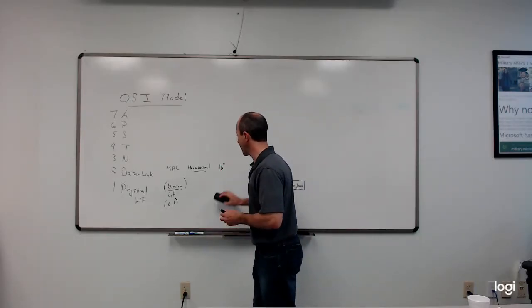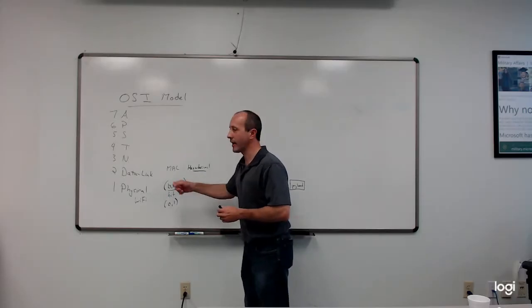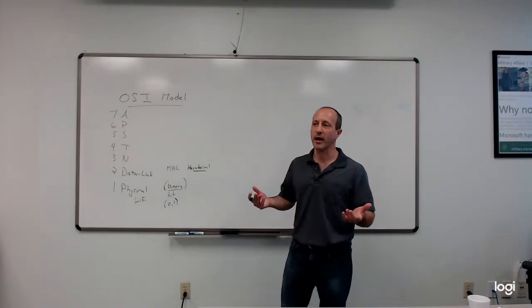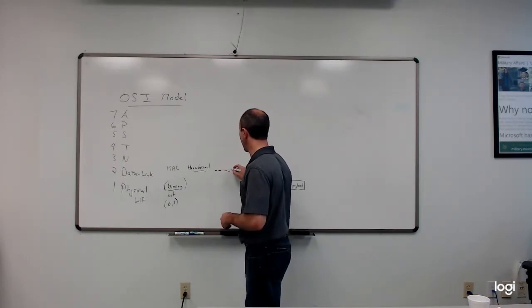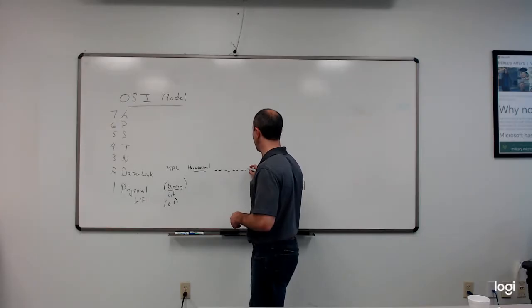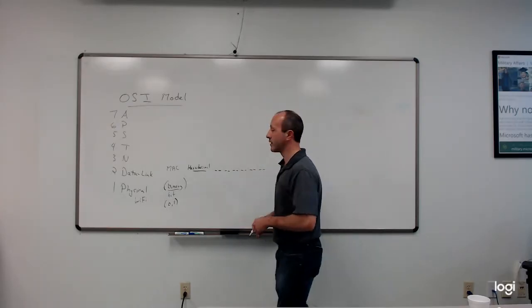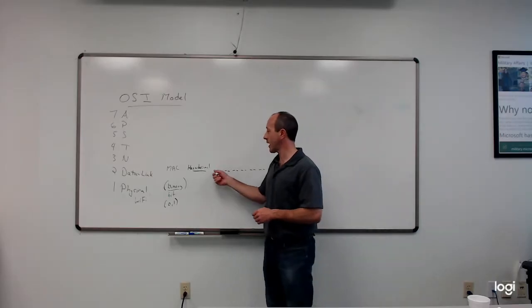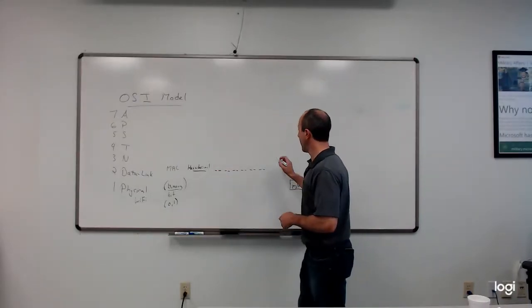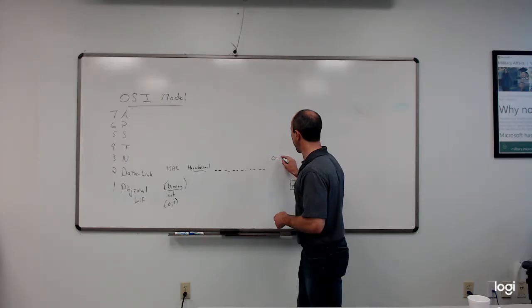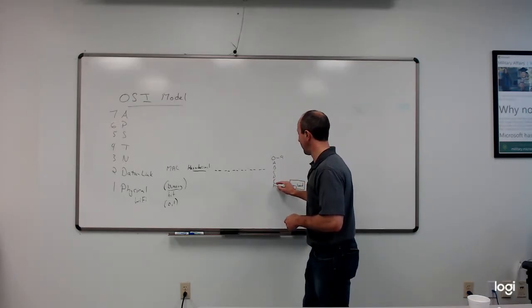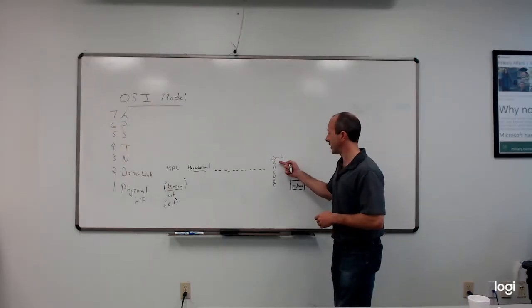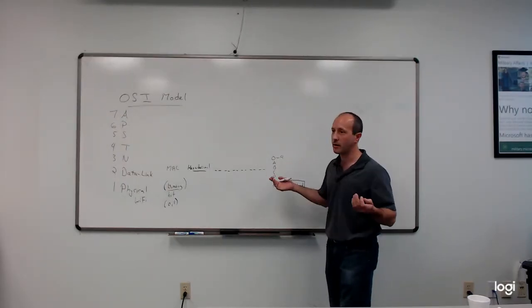But what we're concerned about for the test is that this MAC address is 12 characters long. So it's 1, 2, 3, 4, 5, 6, 7, 8, 9, 10, 11, and 12. It's 12 characters long. And each one of these characters can be 0 through 9, or the letters A, B, C, D, E, F. So 0 through 9 is 10, then 11, 12, 13, 14, 15, 16, base 16.